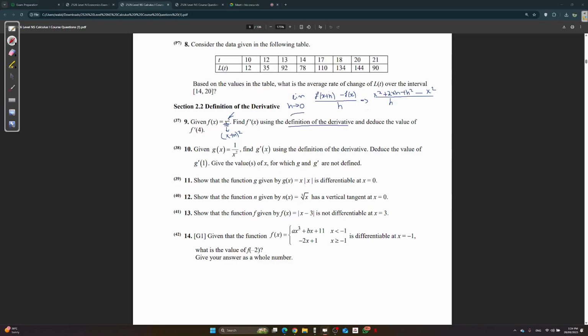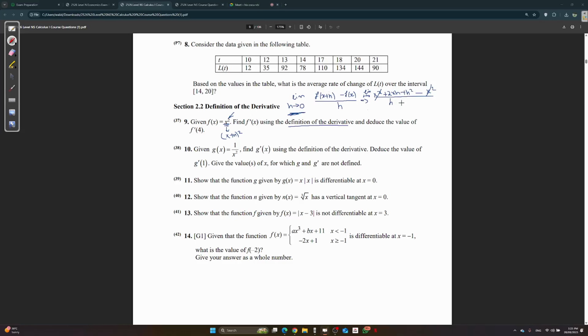Since there's a limit, you have to keep on writing limit, then limit, then limit. So you have to put limit as h approaches 0. Please don't forget this. In the first periodic, so many people got their questions cancelled because they didn't write limit. Such a stupid reason to lose marks. Not even lose marks, they lost the whole question because they didn't write limits. That's how strict they are with this. So you have to keep on writing limits. X squared with x squared.